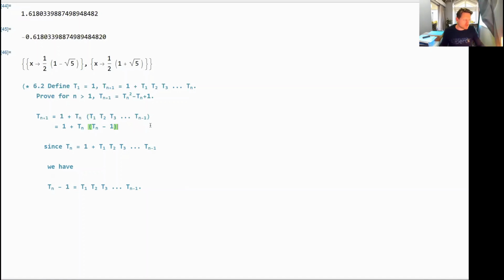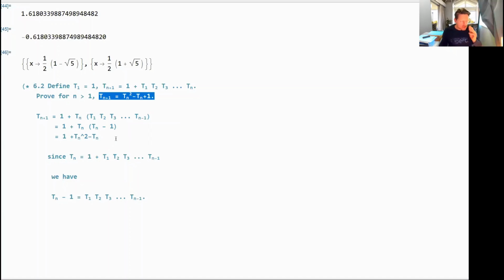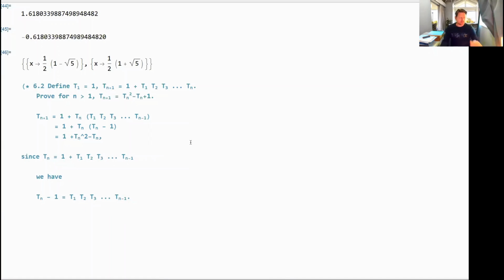Okay, and now all we have to do, because you can see that this is almost tn squared minus tn plus 1, is expand. So let's do that expansion. So this is equal to 1 plus tn squared minus tn. And our proof is now complete, right? Because that's what we're asked to prove. All right, so I'll put a comma there and then it continues on because we have the word since.